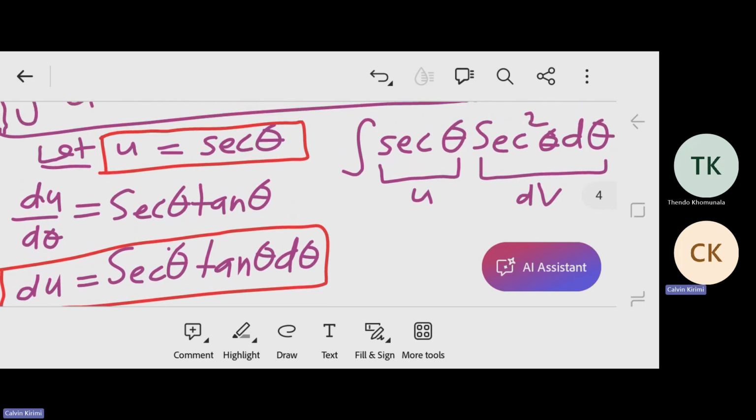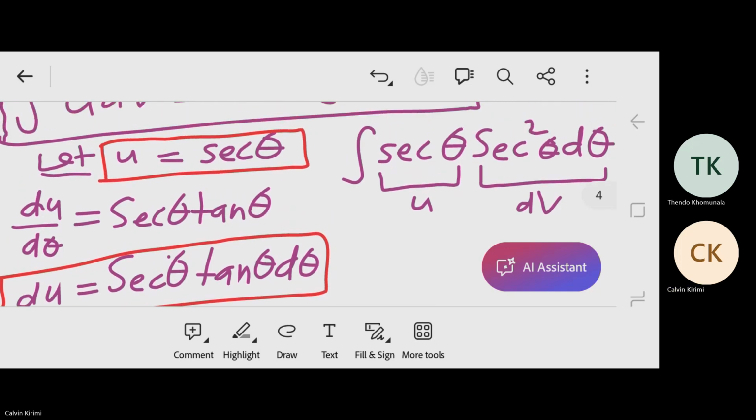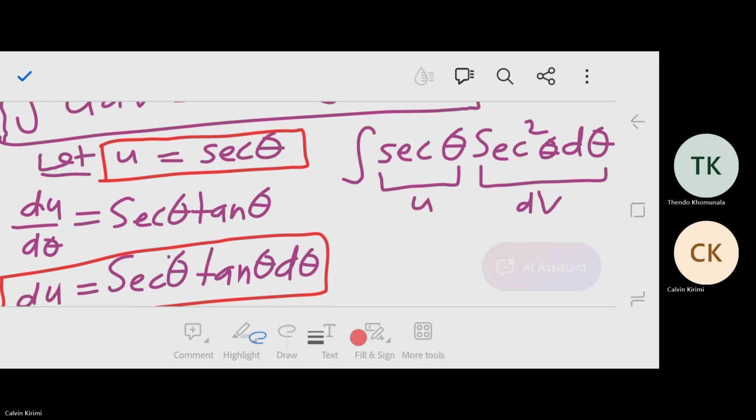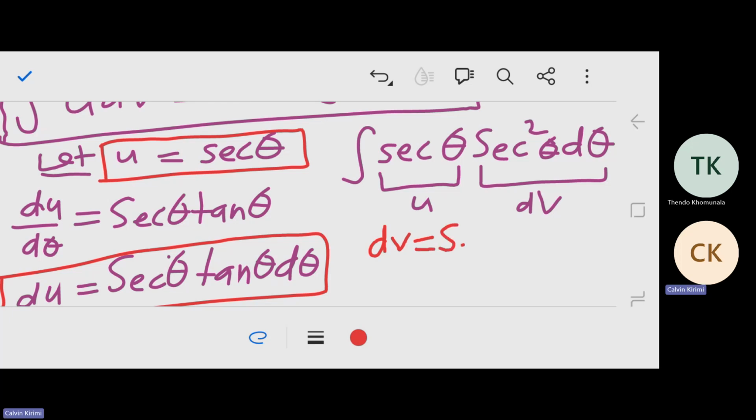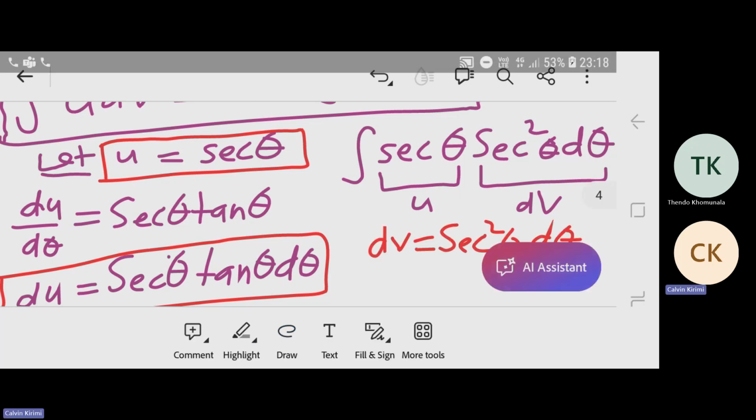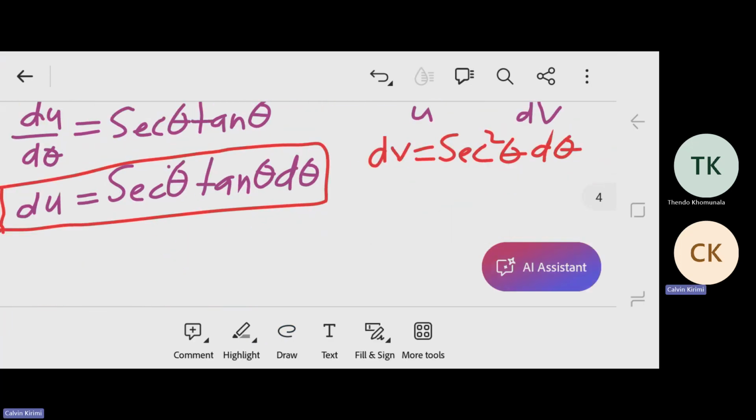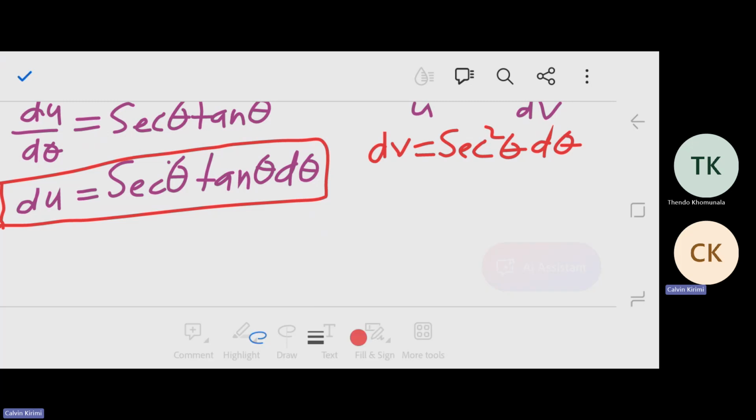We are given dv equal to secant squared theta dt, which means the original of that form was dv d theta.